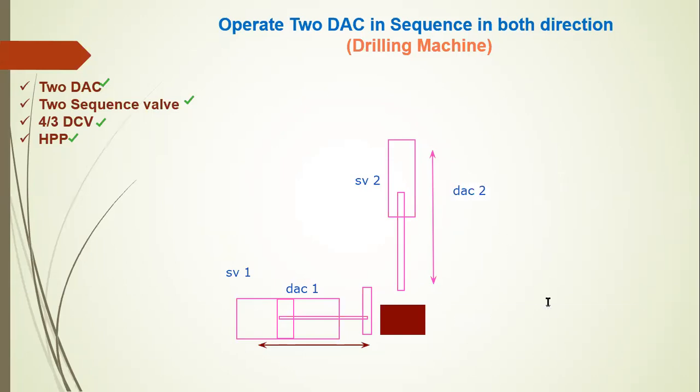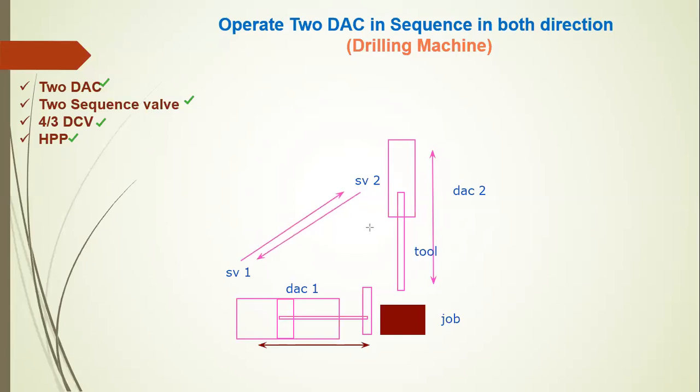This is the place for the job, and this is the drilling tool, operated in vertical motion by DAC2.